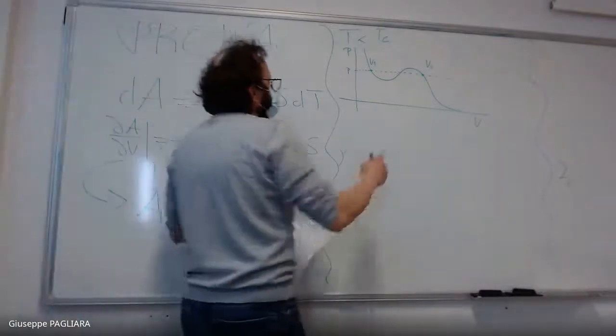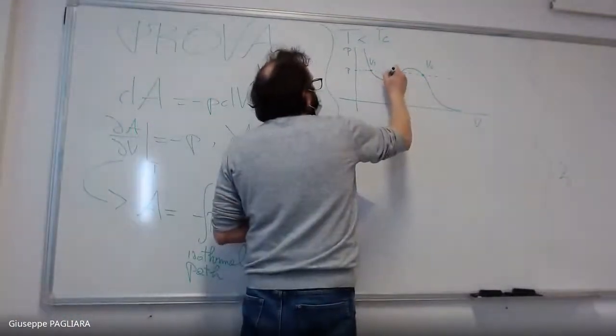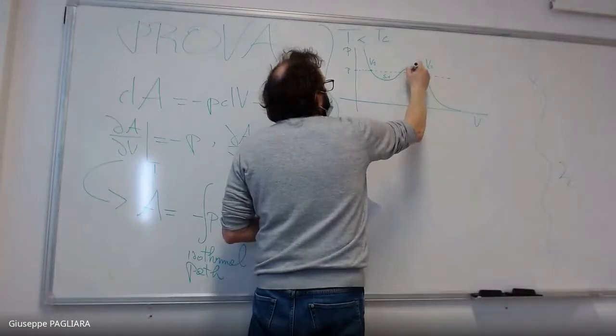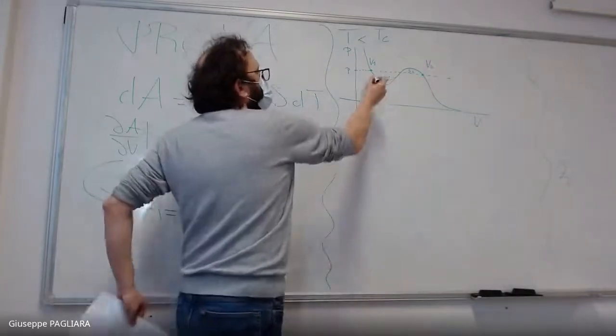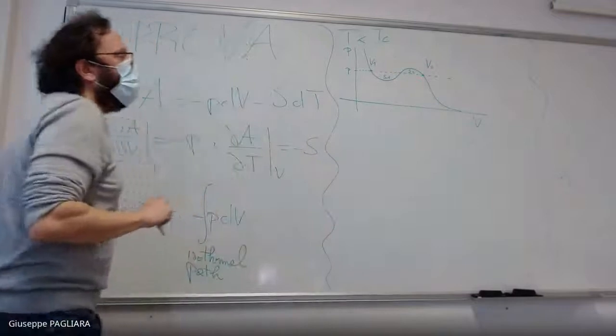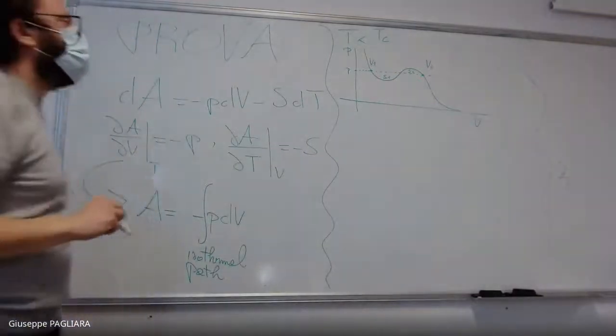And let's call this area S1 and S2, the area between the dashed line and the PV line, okay?